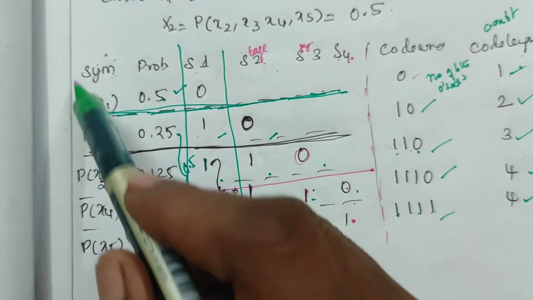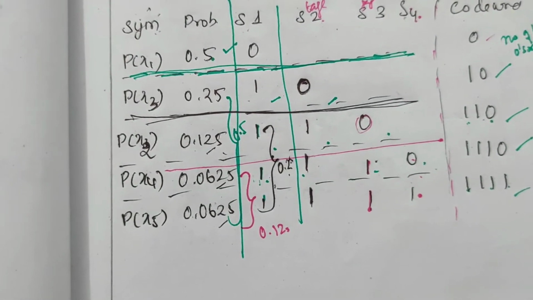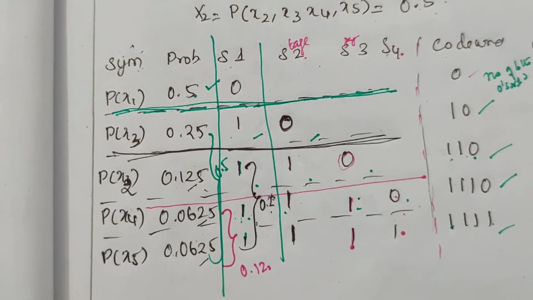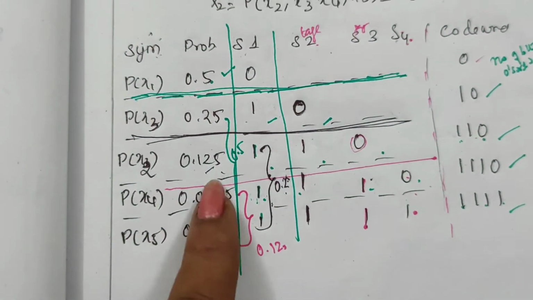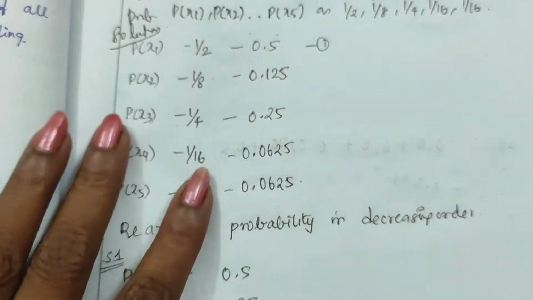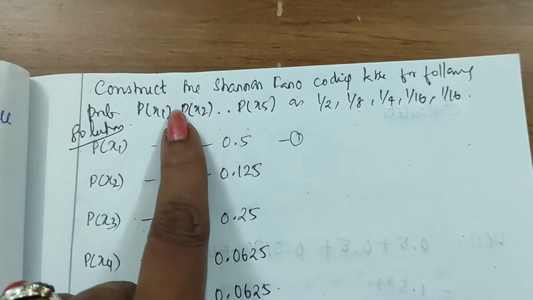So this is your Shannon table. If they have asked about constructing the Shannon-Fano coding for the above question, this one is enough.